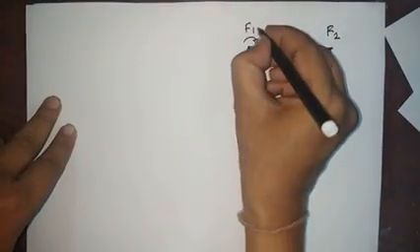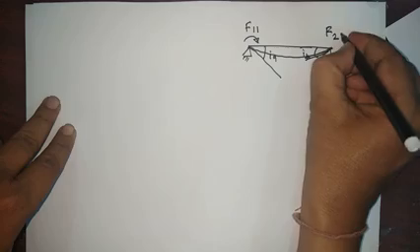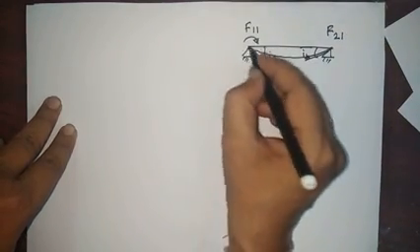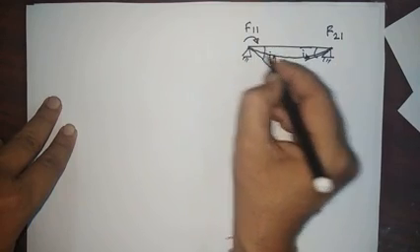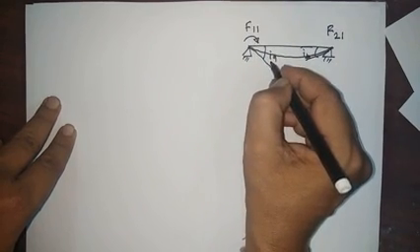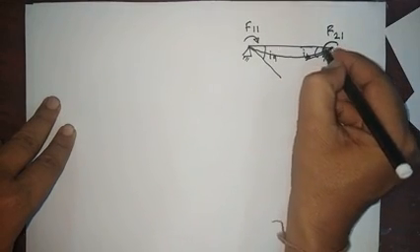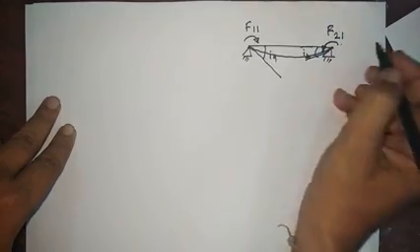We are applying the rotation at 1. Due to this unit rotation, the slope developed is at A, and here the slope developed at 2.